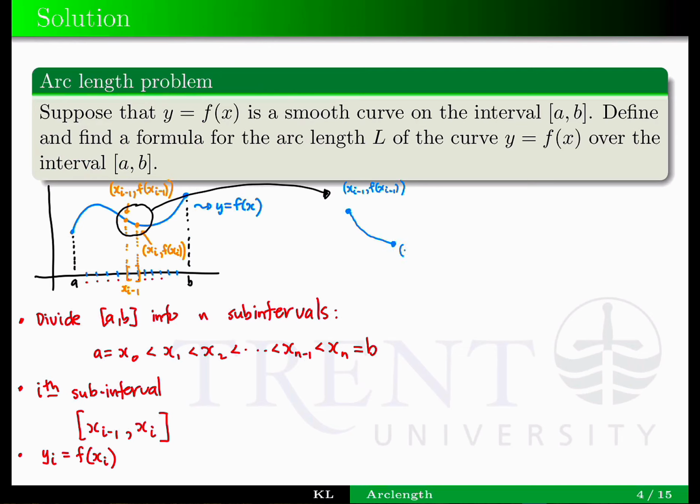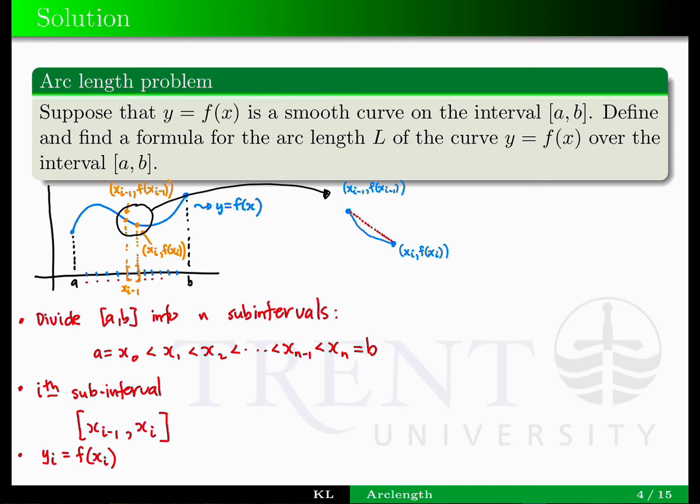So this is your point x sub i, f of x sub i. Now what we're going to do is find the distance between these two points. The distance is just the length of the line segment connecting these two points.